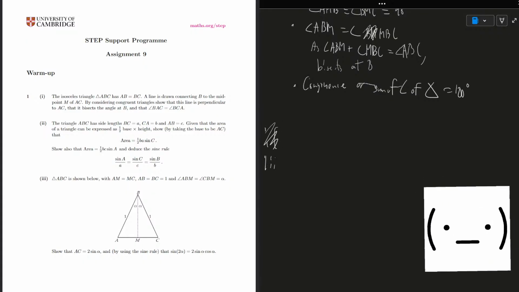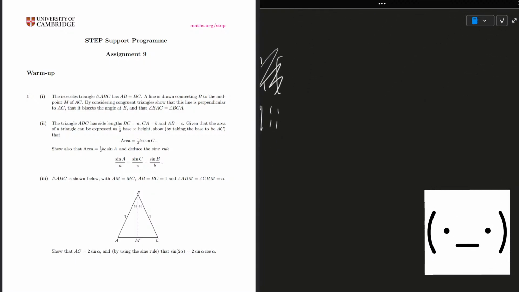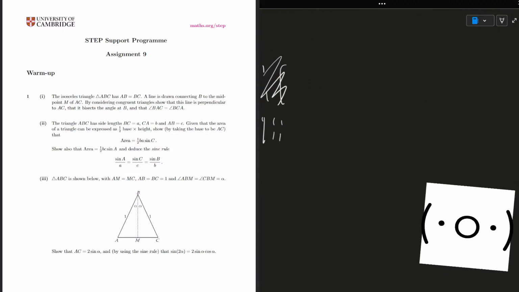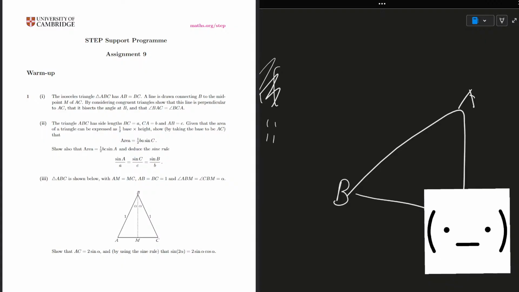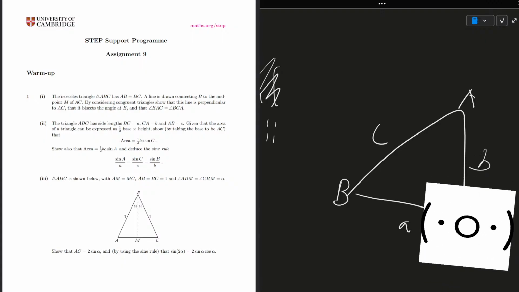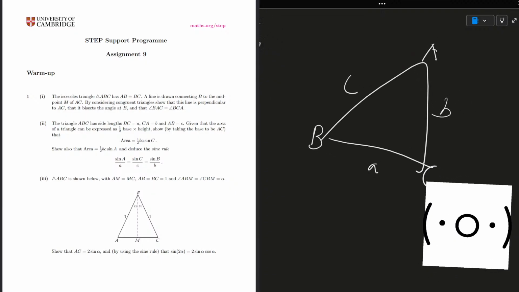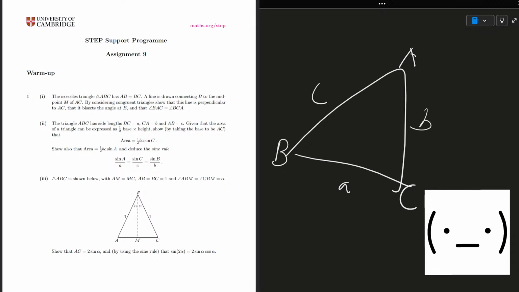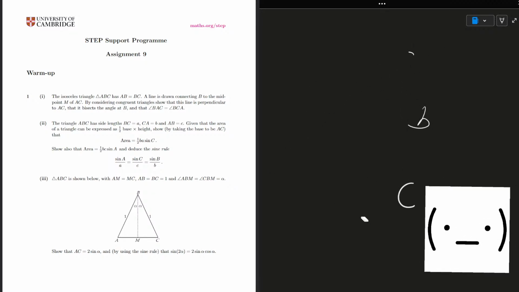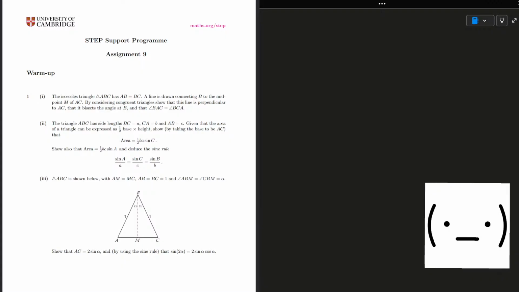We're moving on to part two. Oh lord, more triangles. Okay, so triangle ABC, side length BC equals a, CA equals b, and the other one is c. Given that the triangle can be expressed by, okay, so actually we gotta redraw this.